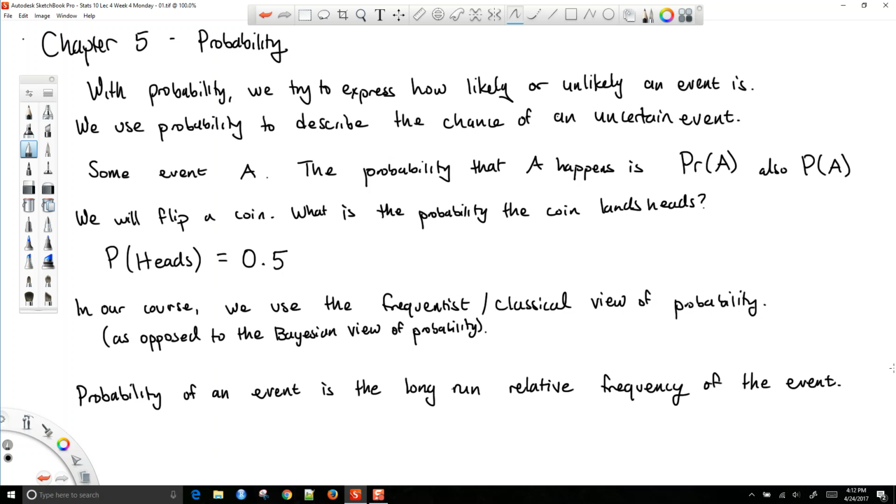Okay, so what do we mean by the long run relative frequency? Well, if I flip the coin 10 times, it could land heads 5 times out of 10, and here we get this number 0.5.